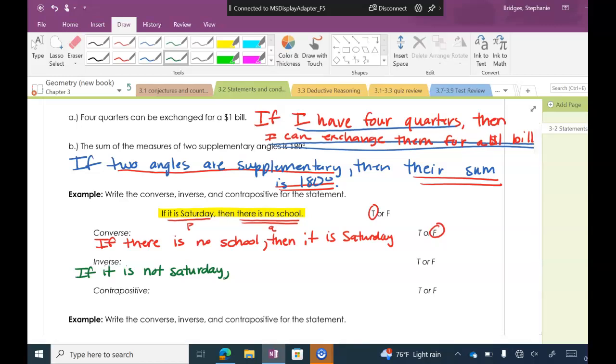The conclusion says there is no school. So how would I negate that? Then there is school. Okay, so my inverse is taking the original statement and negating the hypothesis and the conclusion.